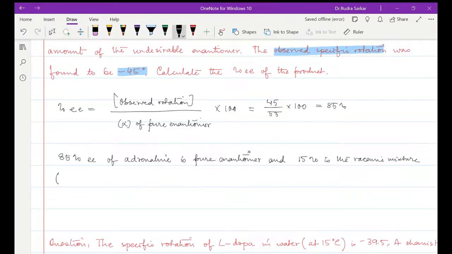So this 15% is what? 7.5% of adrenaline and 7.5% of the enantiomer. Okay. So this is the DL part.